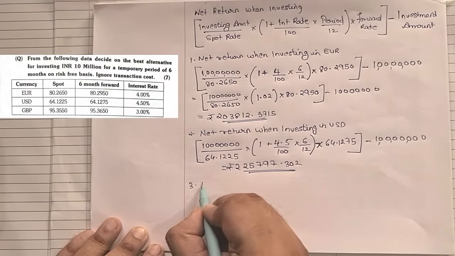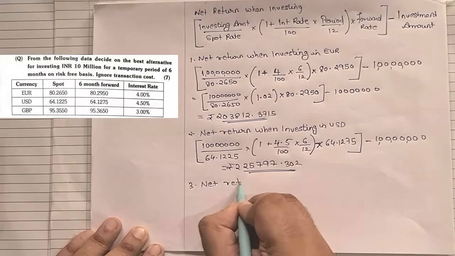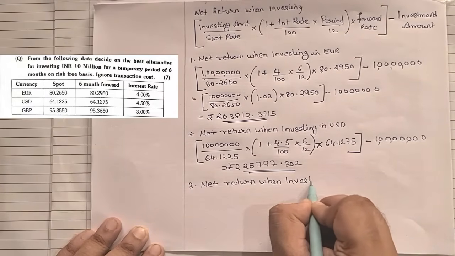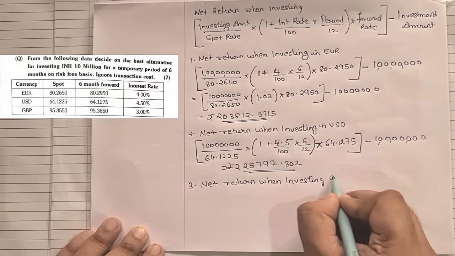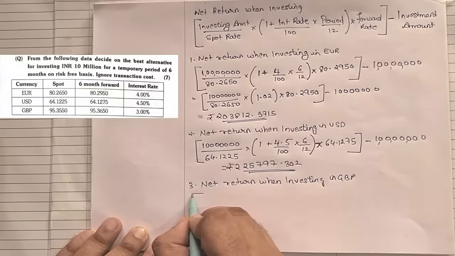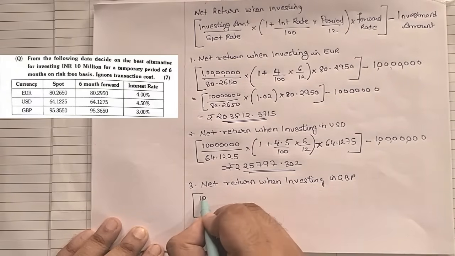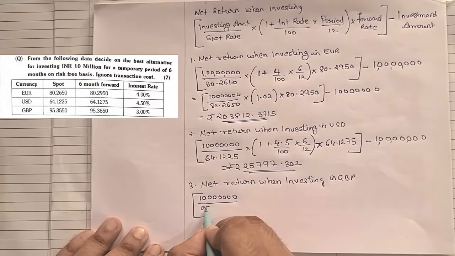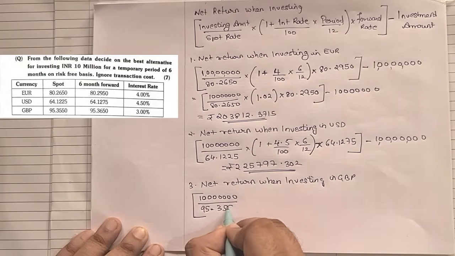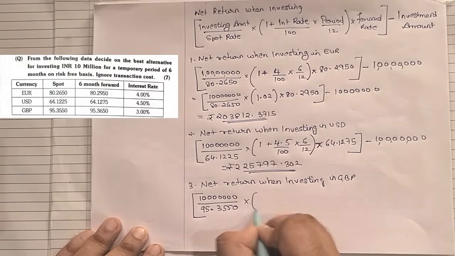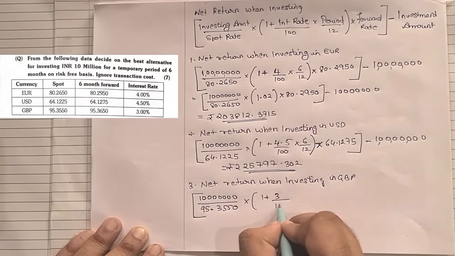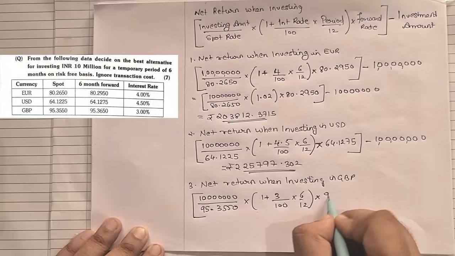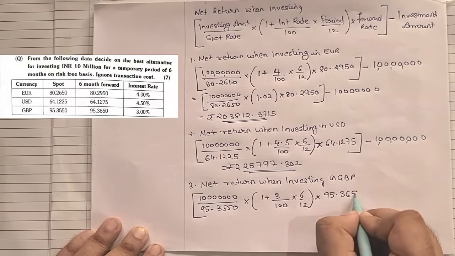Now third one, I have to find the net return when investing in GBP. Again, the formula will remain the same. I have 1 crore 1, 2, 3, 4, 5, 6, 7 upon the bid rate, which is 95.3550 into 1 plus the interest rate is 3 upon 100 into 6 by 12 into the forward rate, which is 95.3650.